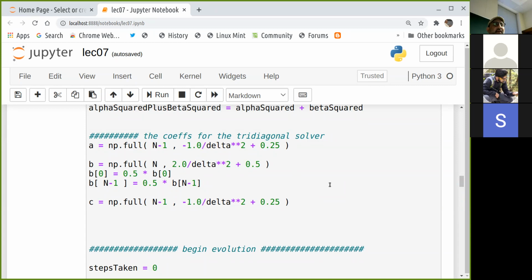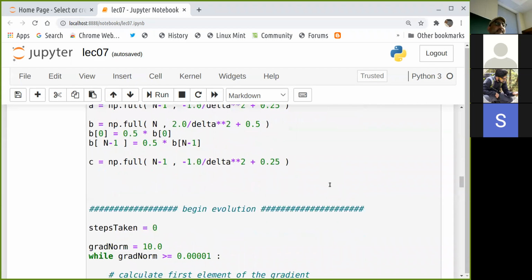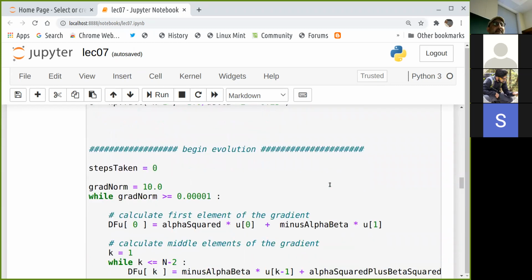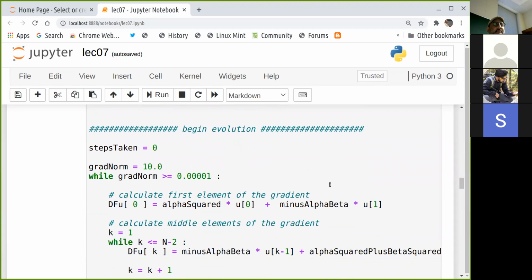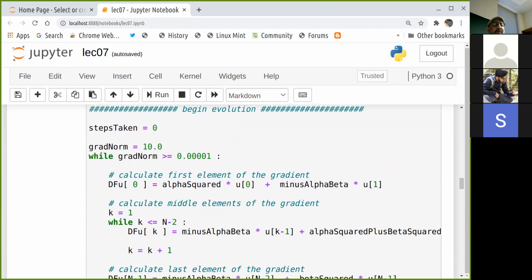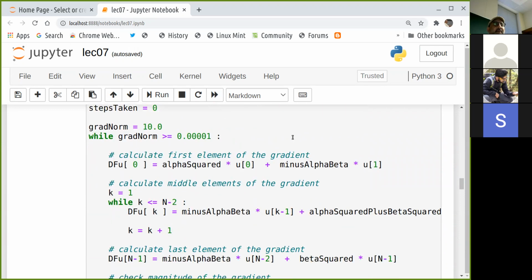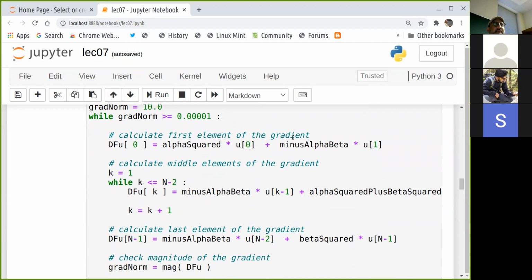Okay, using numpy.full. Okay, so now we begin our evolution. This is again as we did before. We're going to evolve while the norm of the gradient is bigger than some number. Okay, I calculate as before. Here I'm calculating the Euclidean gradient.